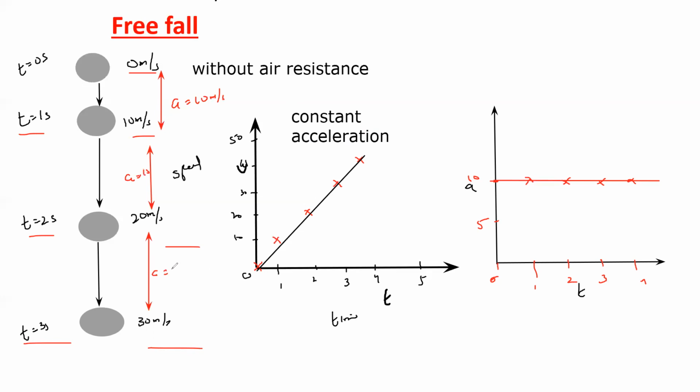So if we plot an acceleration and time graph, every second the acceleration will be 10. So when we join these points, the acceleration time graph will be a horizontal line, whereas the speed time graph or velocity time graph will be a straight line with a constant gradient or slope. So this is the graph when an object is falling without air resistance.